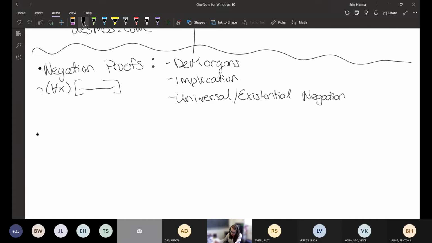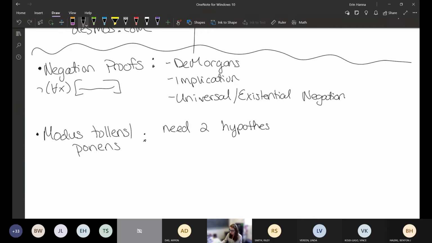When you're looking at a more generic proof, with the modus ones, remember that these need two hypotheses. How do you spell hypotheses? Anyway, however you spell that.